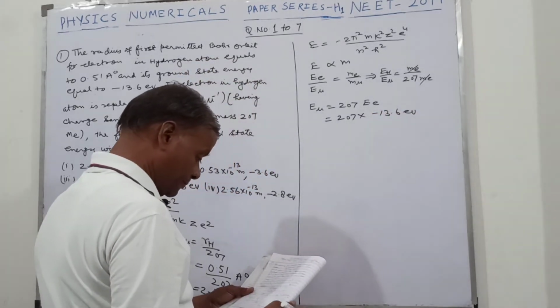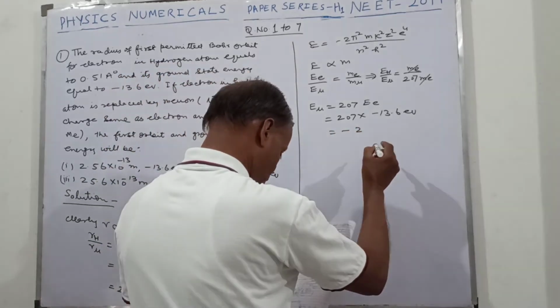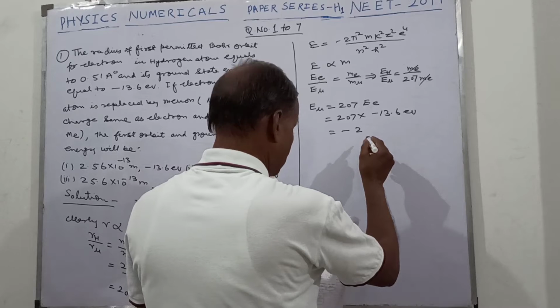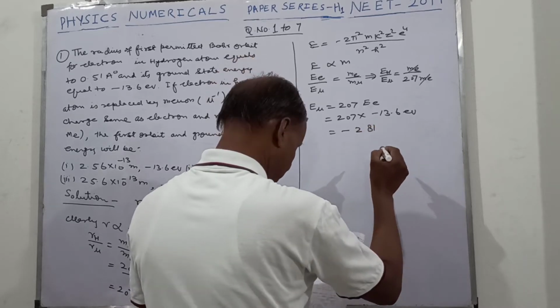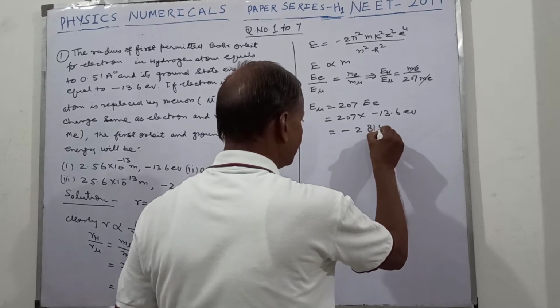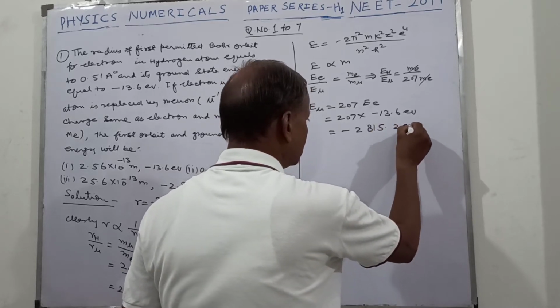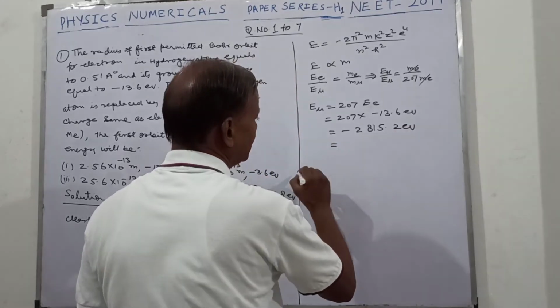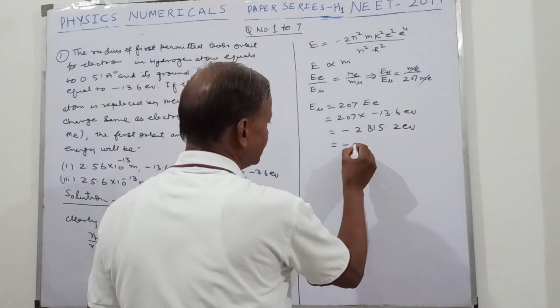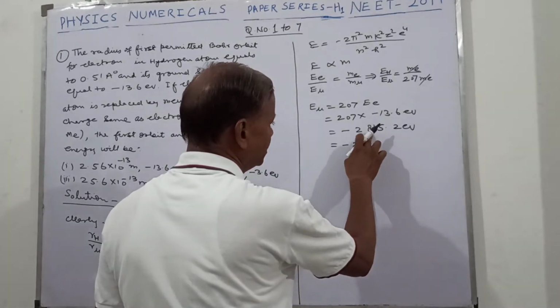It will come out to be approximately minus 281.2 electron volt. So now you can write this as minus 2.8, wait, 1, 2, 3 places.